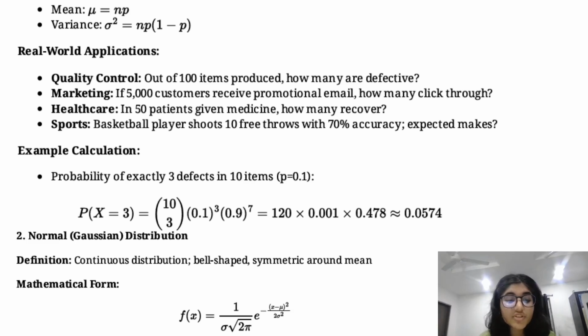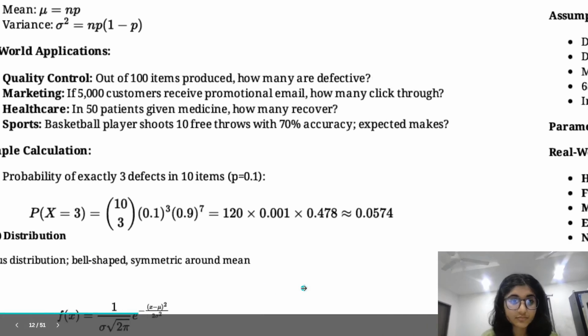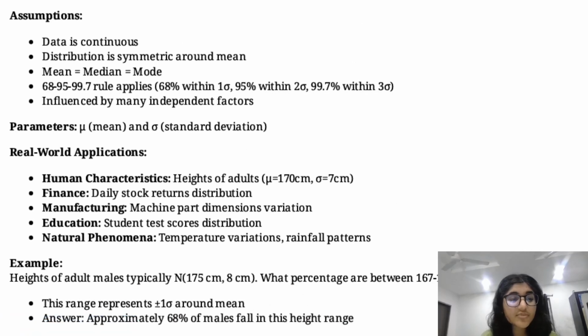The normal distribution is a continuous, bell-shaped distribution, symmetric around the mean. The mathematical formula is given here. You can see this formula. The assumptions are that data is continuous, distribution is symmetric around the mean, mean equals median equals mode, and the 68, 95, 99.7 rule applies: 68% within 1 sigma, 95% within 2 sigma, and 99.7% within 3 sigma.